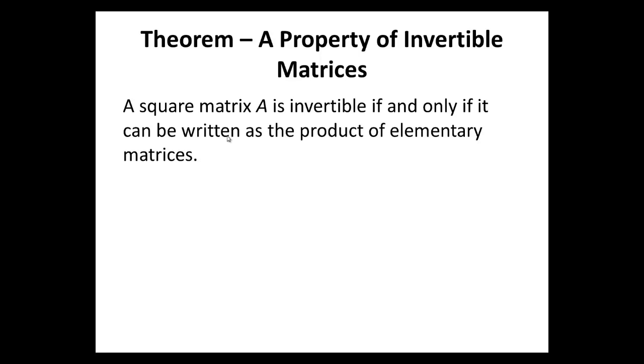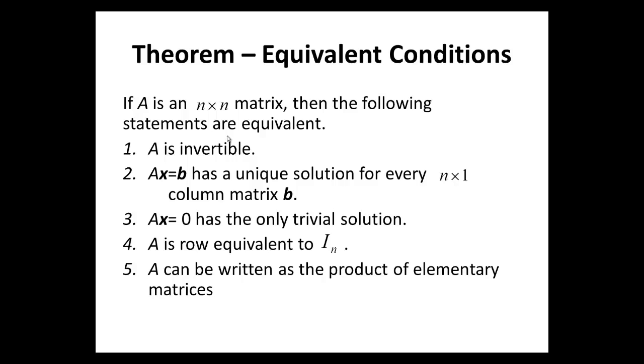That is something I would like us to look at a little bit more closely. But before we get to that, let's take a theorem. Equivalent conditions. If A is an n by n matrix, then the following are equivalent. Number one, A is invertible. Ax equals B has a unique solution for every column matrix B.